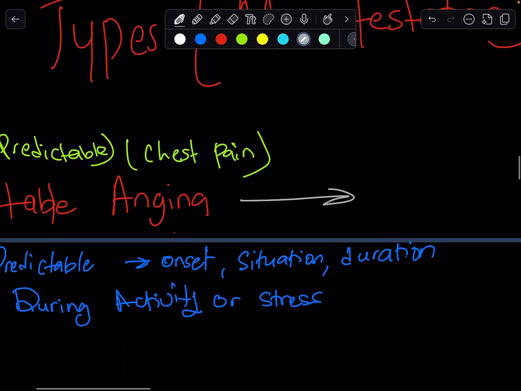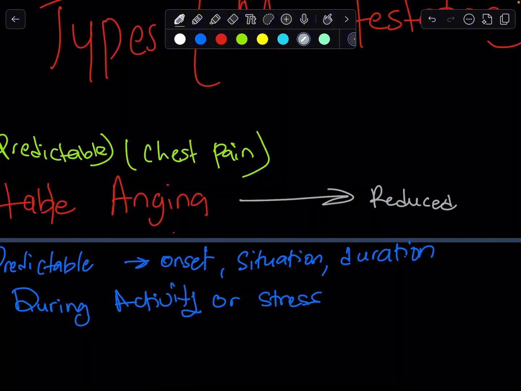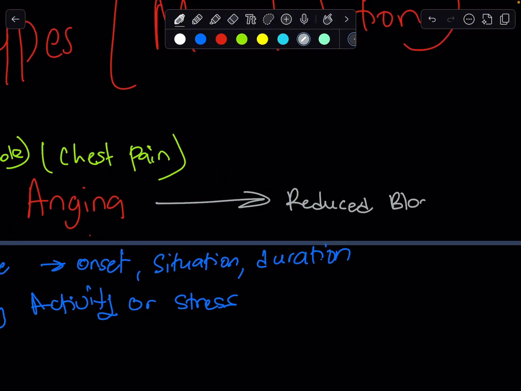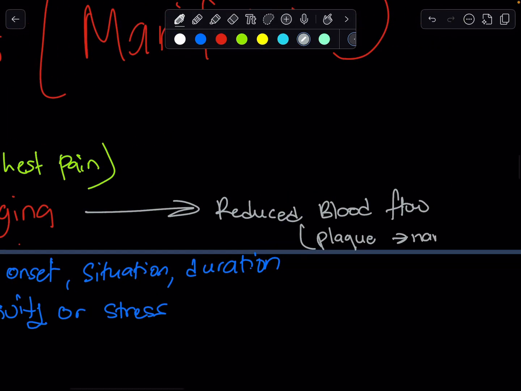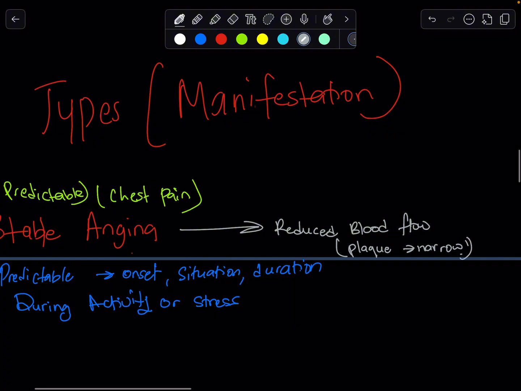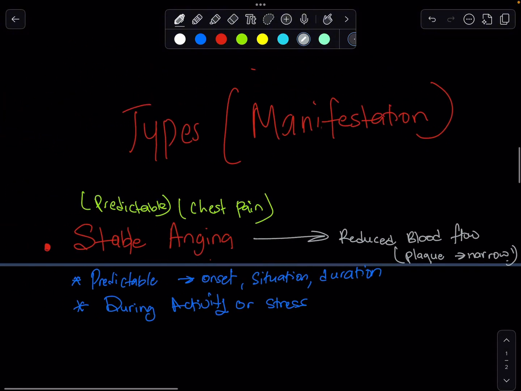Stable angina happens because of reduced blood flow from plaque, which causes narrowing. The plaque causes narrowing because it takes up space, so it reduces blood flow. That's how stable angina occurs. So stable angina is chest pain that's predictable, and it's caused by reduced blood flow from plaque buildup, which causes narrowing, which in turn reduces blood flow.